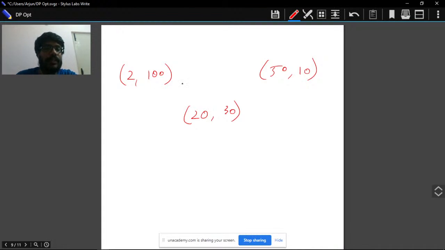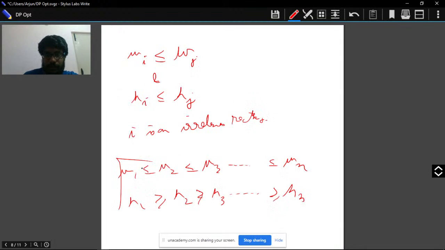So choosing this in the same subset as these two is not going to change my cost. So in this order, if I'm choosing something here and something here in the same subset, I can as well choose everything in between them in the same subset, and my answer is not going to change, right?